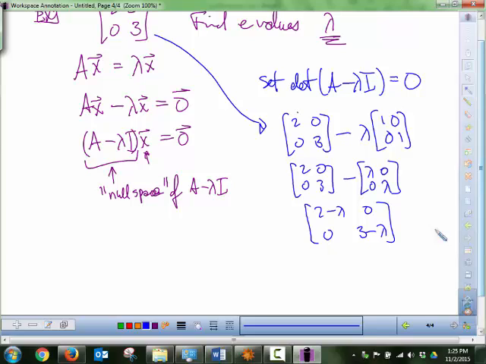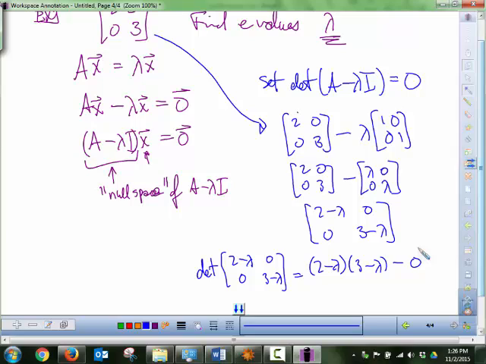So you get this far, and then you will be asked to find the determinant of this. That is going to be just the product, 2 minus lambda times 3 minus lambda, and since the off-diagonals are 0, we don't have anything else beyond that. If you have something non-zero off the diagonal, then you'll have something here, and you would need to multiply it out.